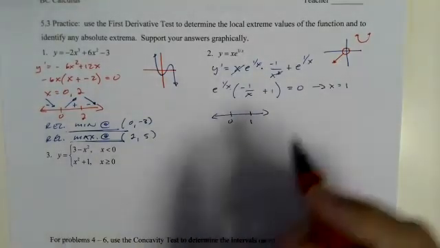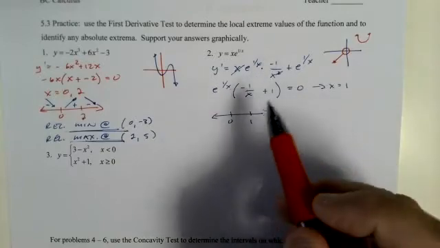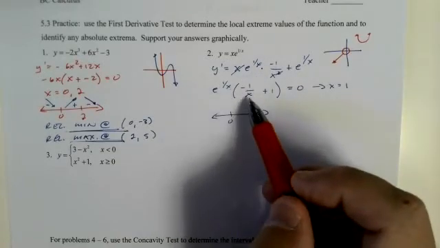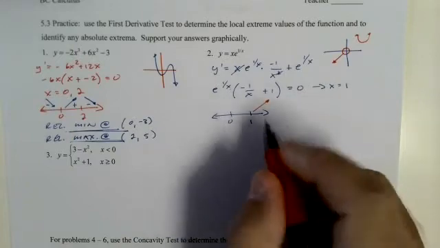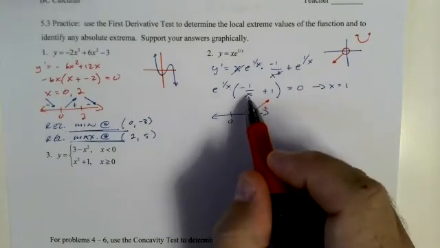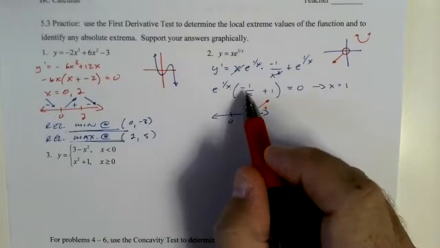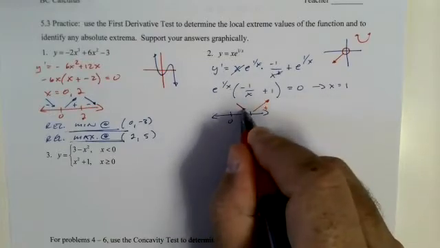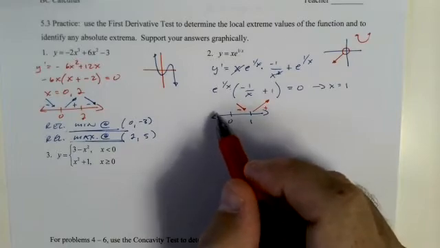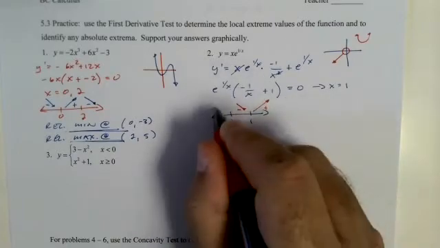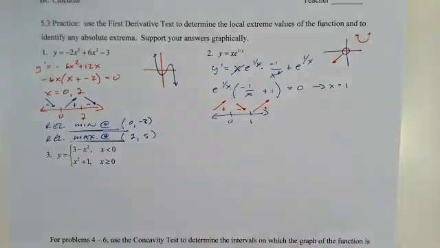Plug it all in. Plug in 2 into this, positive, can ignore it, -1/2 plus 1, positive. Plug in 1/2, -2 plus 1, negative. Plug in negative a gazillion. This basically is 0, positive.